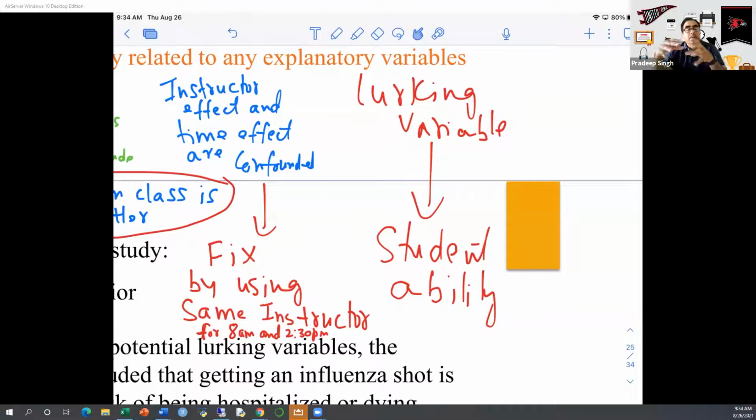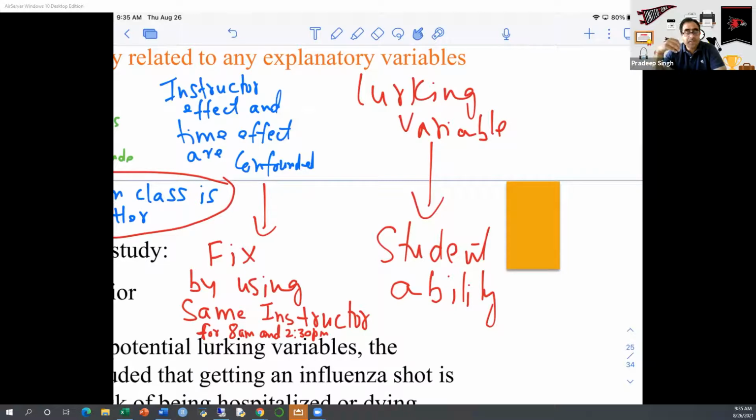Because we didn't select students in both these groups, right? So it will be an observational study, because students just went ahead and registered for the 8 a.m. class, and students went ahead and registered for the 2:30 class. We didn't have any control over it. So it's an observational study.